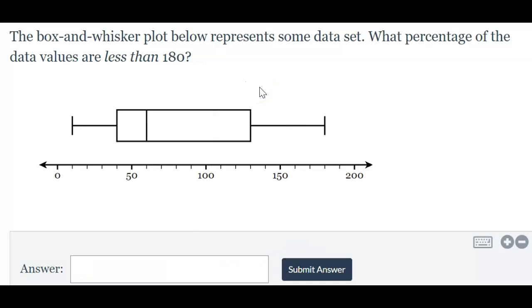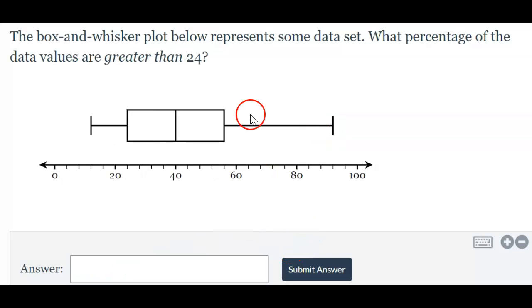Now it asks what percentage of data values are less than 180. So 180 is our maximum, so 100% is less than 180. Now it asks what percent of the data values are greater than 24. It looks like 24 is our Q1 or our lower quartile.